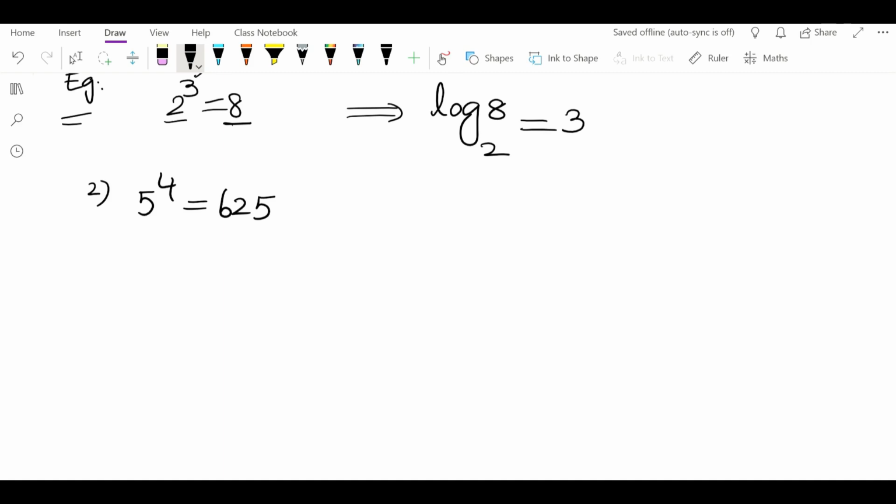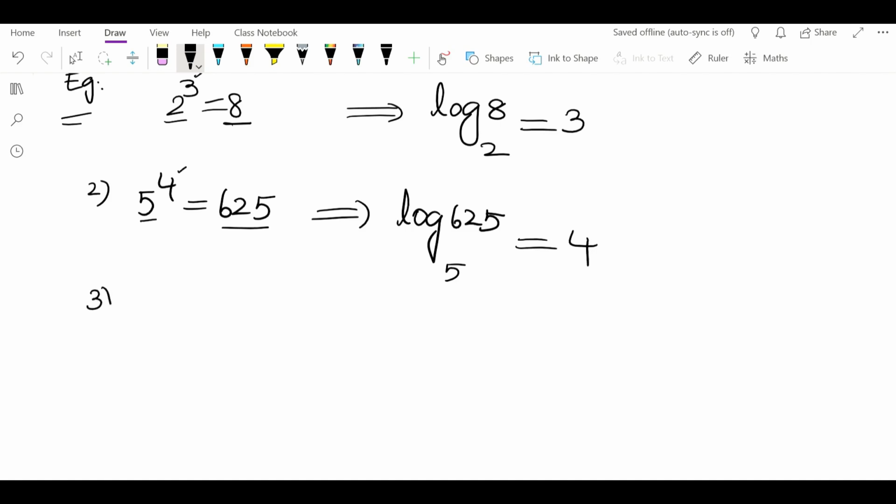How to convert this 5 to the power of 4 is equal to 625 into logarithmic form? First you write log symbol. Beside that you write resultant value. And then you write base value just below the log symbol, which is equal to the exponent value.